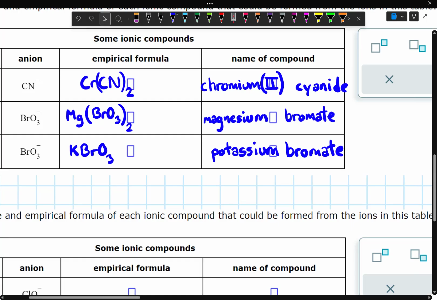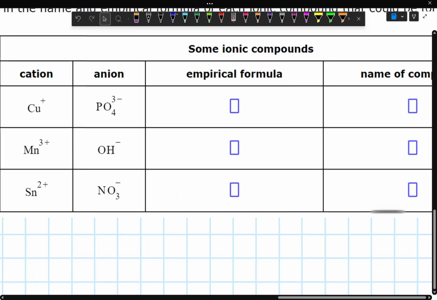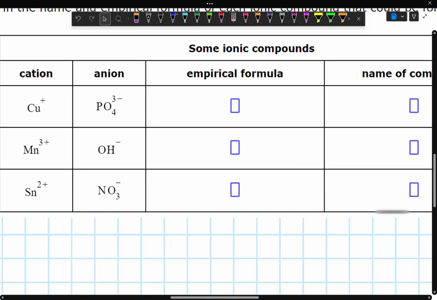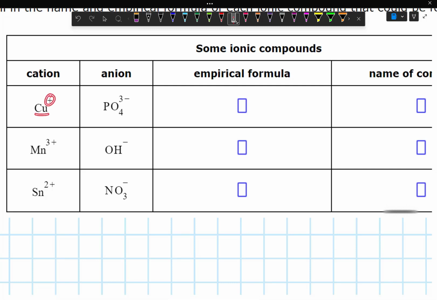So let's move on to another set of examples. In this set, our cation is copper, and it has a +1 charge. And then we have the phosphate polyatomic ion, which has a charge of -3. So we can bring this 3 over to this side, and this 1 down here. We don't need to write that 1.